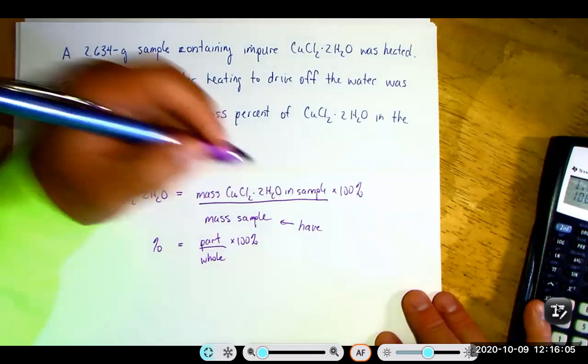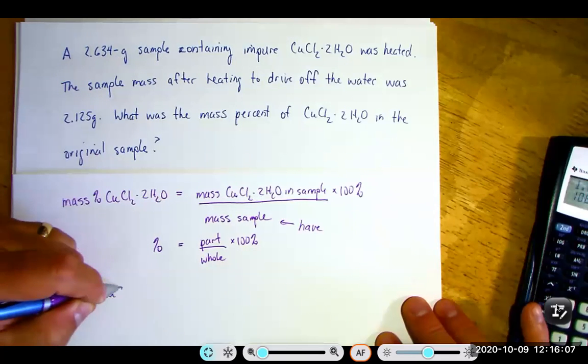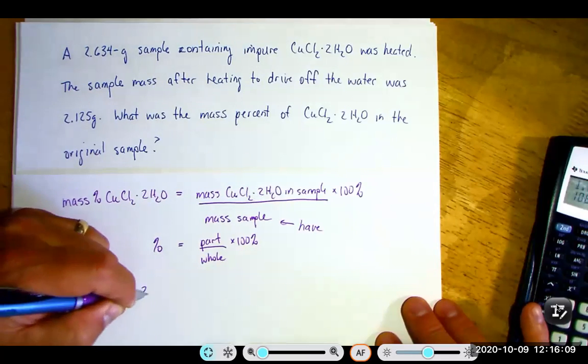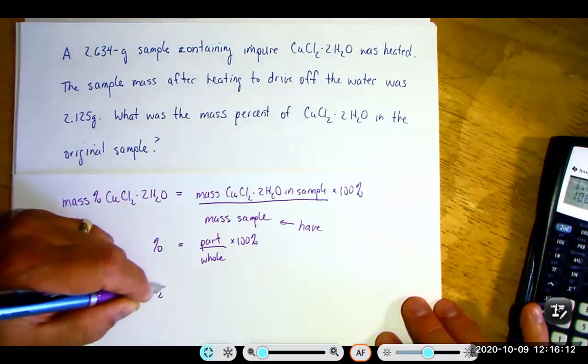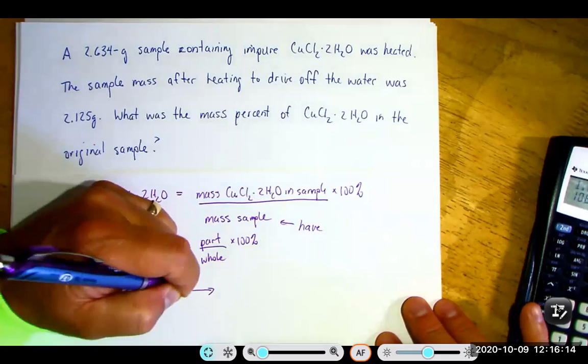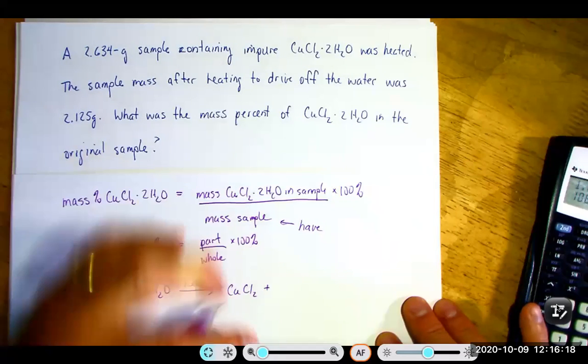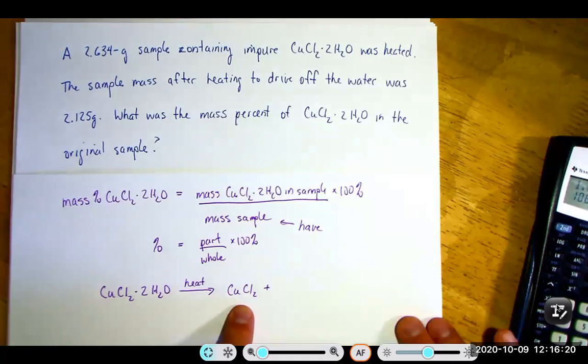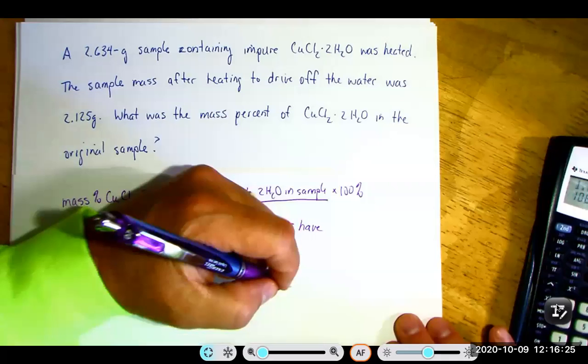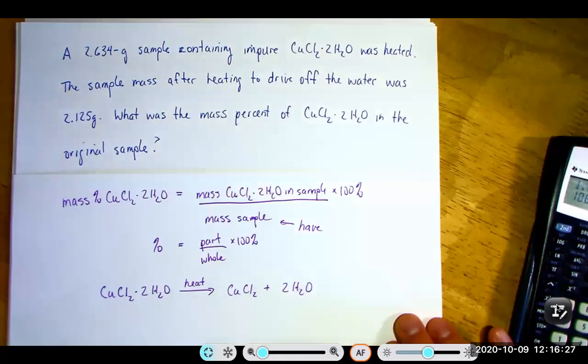And if we know that when we heat the sample up, it's going to turn into copper 2 chloride with no hydrate and 2H2O, we can figure out the mass of this stuff by hopefully one of these two products.